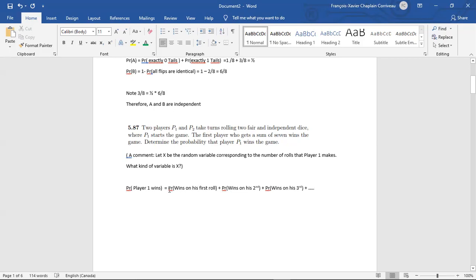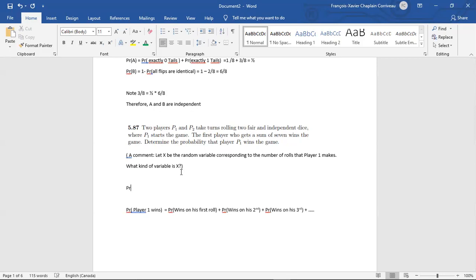So what is the probability that on his first roll he wins? What is the probability that I get a sum of 7 on one roll? There are several ways to argue this. You can just list the outcomes out of 36, which is probably the quickest way.